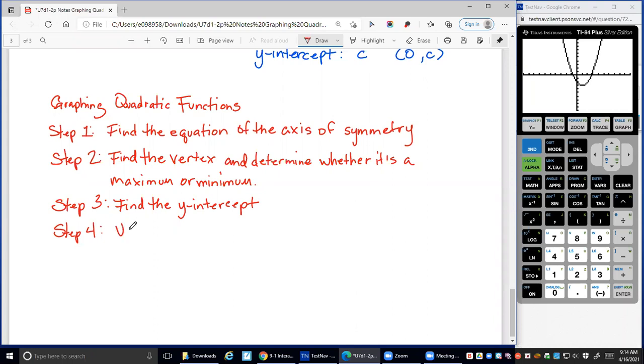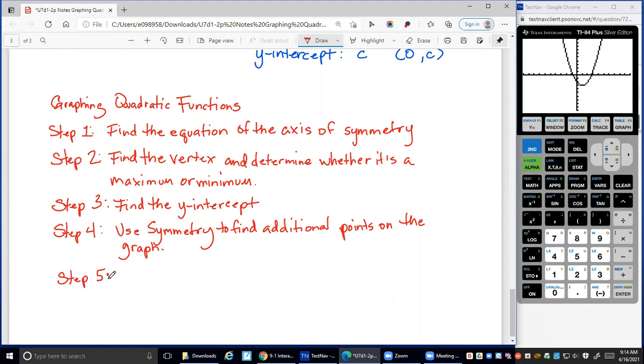We use symmetry to find additional points on the graph. And then finally, step 5, connect the points with a smooth curve.